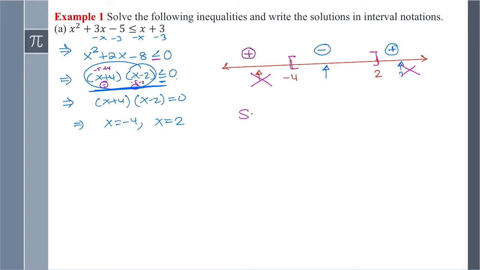So our solution for this inequality is negative 4 comma 2, with both endpoints included. Or we can write that in inequality notation, which is negative 4 is less than or equal to x is less than or equal to 2. That means x is in between negative 4 and 2, both the endpoints included. Let's look at another example.